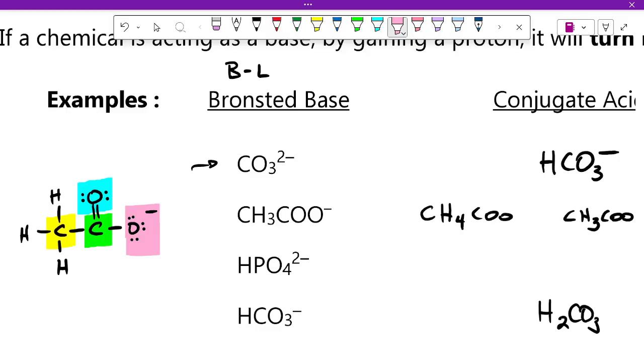So what does the hydrogen attach to? Do we like yellow, blue, green, or pink? We like green? You like pink?